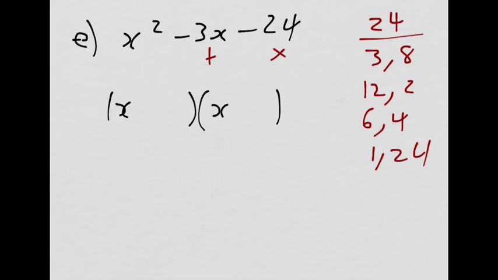Negative 3 and negative 8? Oh, no. Because you multiply them, you get a positive. No, it would be negative 3 and positive 8. You add those together, you get positive 5. So not factorable? Not factorable.